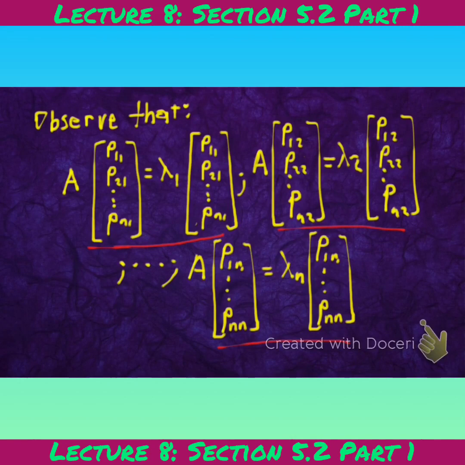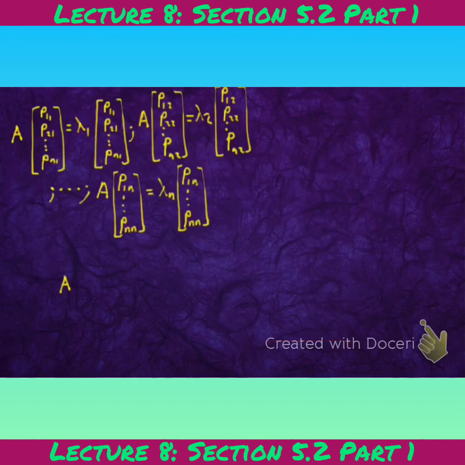And now it's easy: all you do is you create your similarity transformation matrix by just throwing all the column vectors together. So you take A, and basically you take all these column vectors. So you take that matrix there.